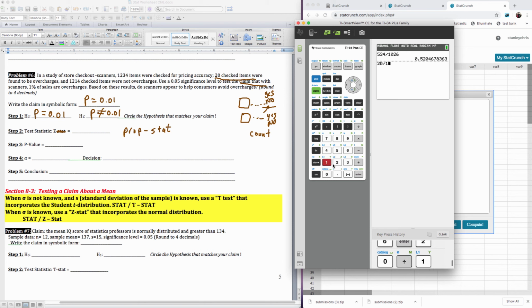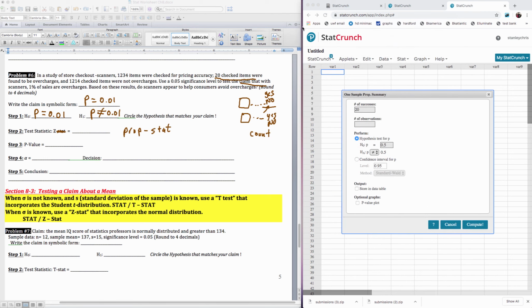So let's see what that is in comparison to 1%. That's 1.6%. So they got 1.6%. So the question that we're really answering is, is that 1.6% out of the ordinary? Or is that 1.6% something that could have just happened naturally?